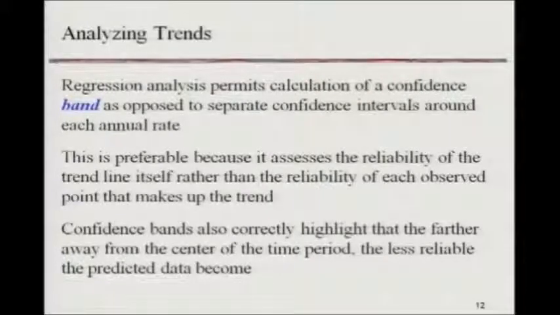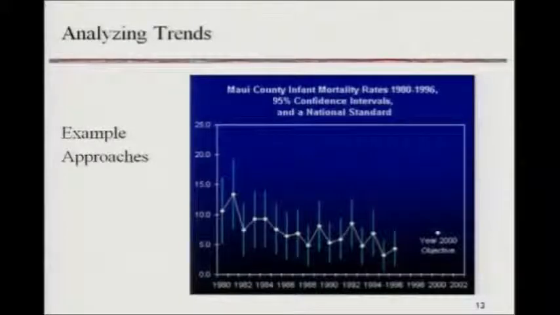What you want to know is jointly, I have 10 data points. I want to know if the slope I see is a significant slope, if I'm doing significance testing. So I want a confidence band around that which jointly considers all my time points, not around each individual data point itself. So we would never do this.